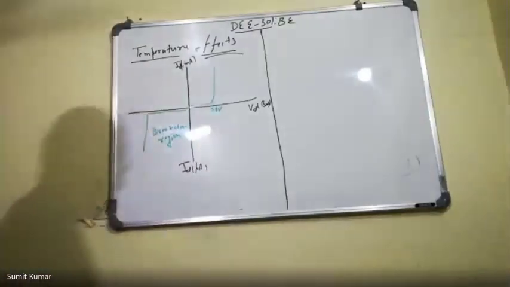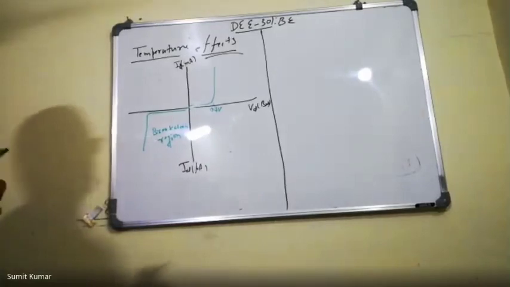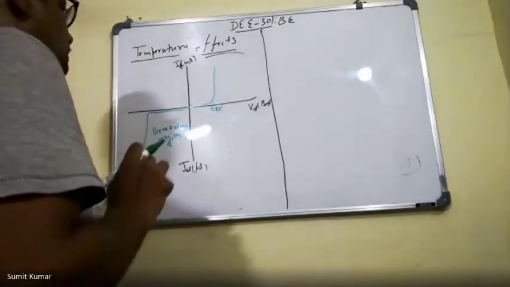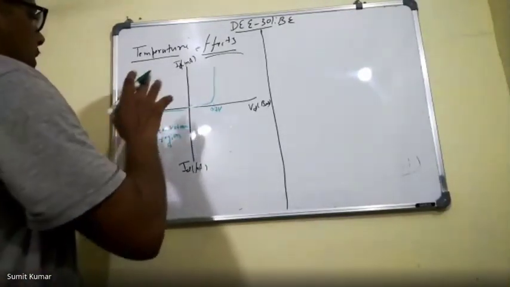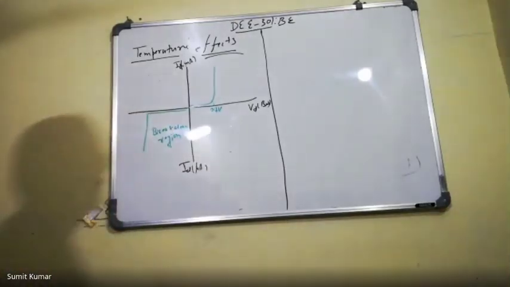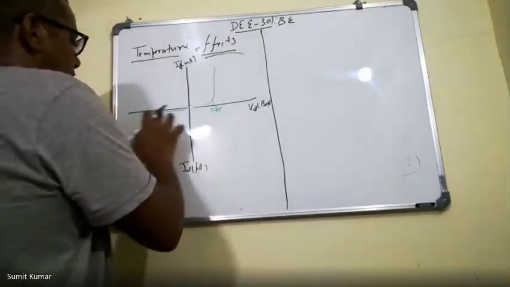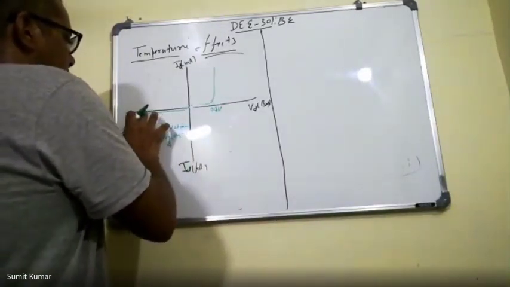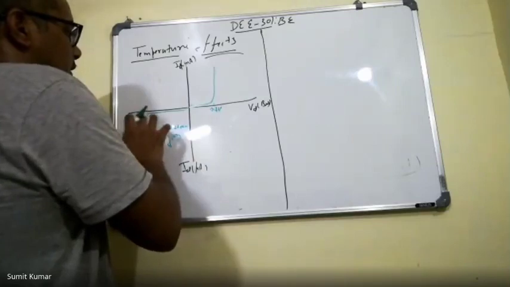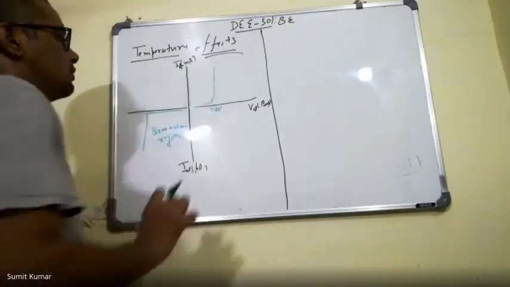Now we will try to understand the temperature effect. One thing that we need to understand is the temperature dependence of two parameters, one in forward bias, one in reverse bias. In the reverse bias our parameter will be reverse saturation current, and in forward bias our parameter will be forward voltage drop.